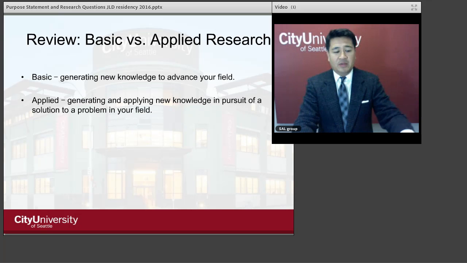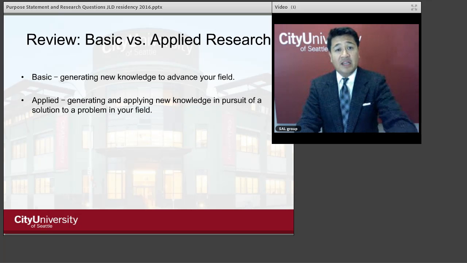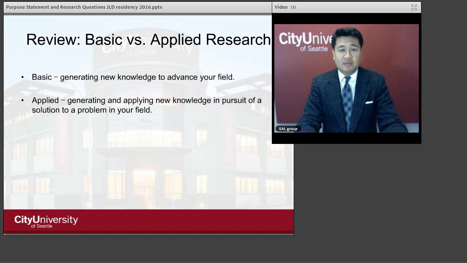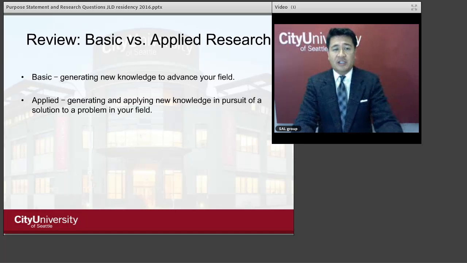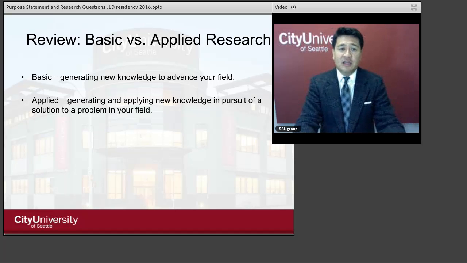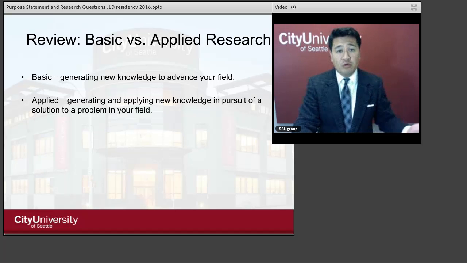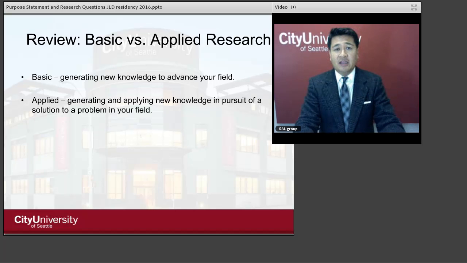So let's review the difference between basic and applied research. Basic research is generating new knowledge to advance your field. You're finding out stuff to find out more stuff about stuff. Applied research is generating and applying new knowledge in pursuit of a solution to a problem in the field.